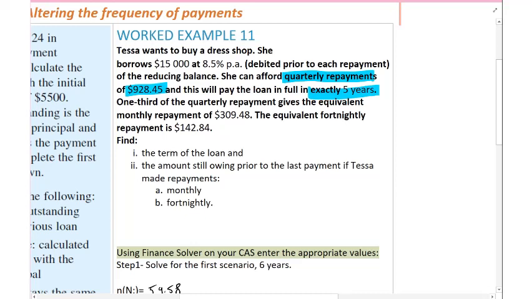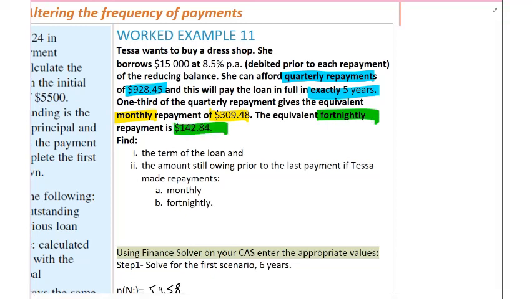Now, what happens when we change that to equivalent monthly repayments, so we pay monthly as opposed to quarterly, monthly with that value, and fortnightly with this value here.